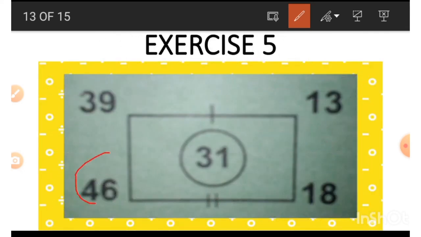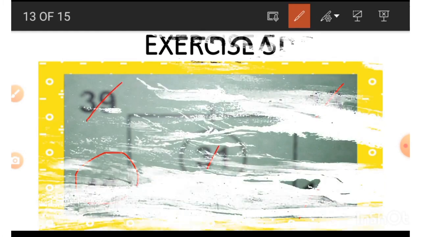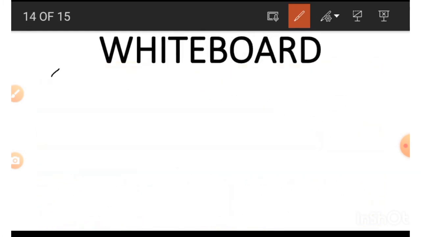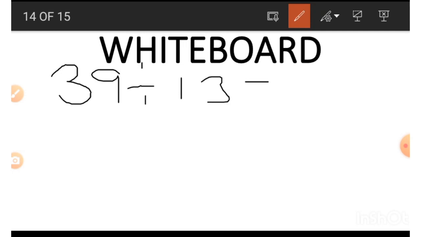Now let's go down and get 46. If we wish to get 46, we must go to the top to start. So we start from the top, which is 39. Again, 39 divided by 13 is going to give us a 3. Now we go to the middle.